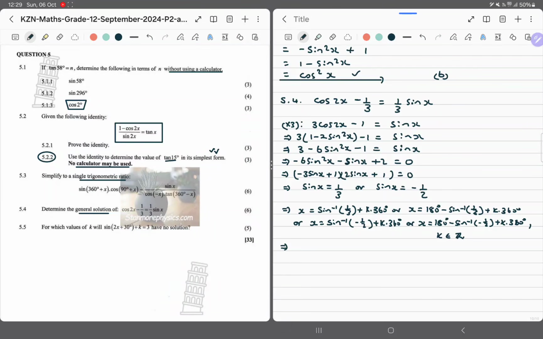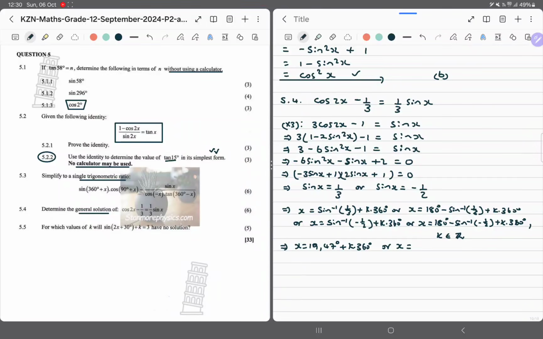This implies, now let's do it with the calculator, shift sine of 1/3 is 19, comma, no, what are you doing? This is x equals 19, comma, to 2 decimal places 47 degrees, plus k times 360 degrees, or x is, we do that.